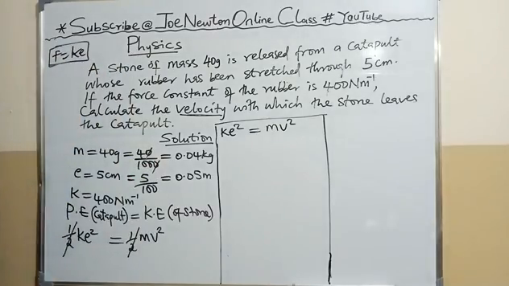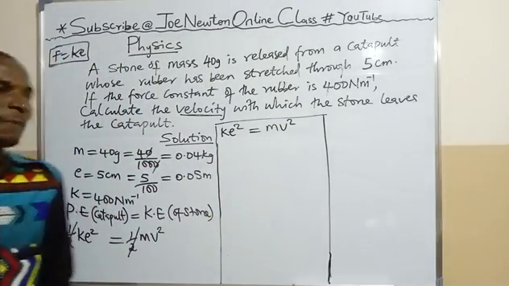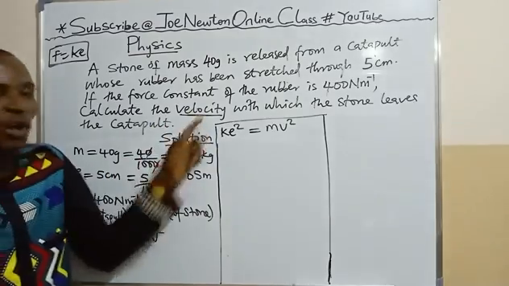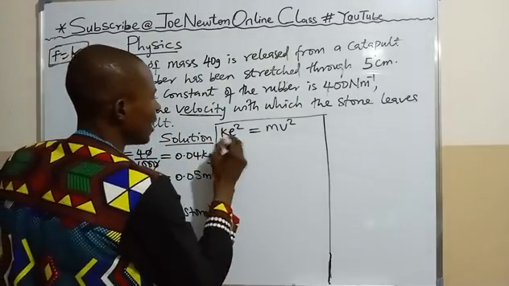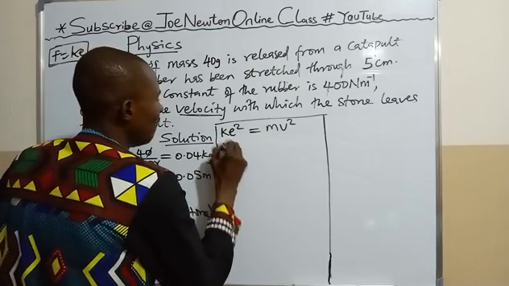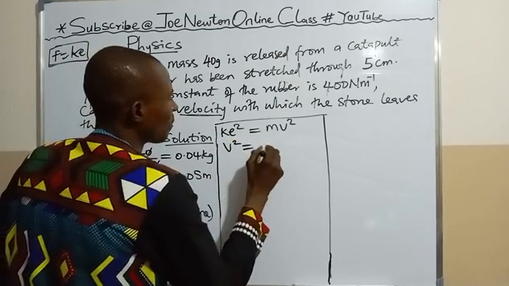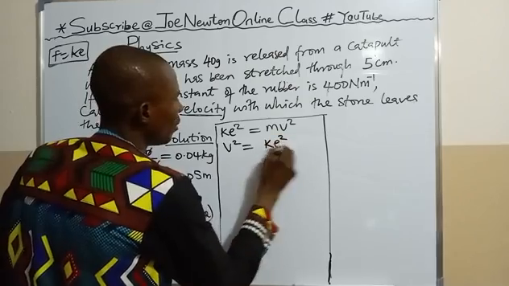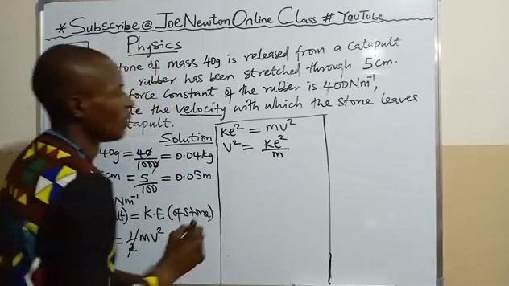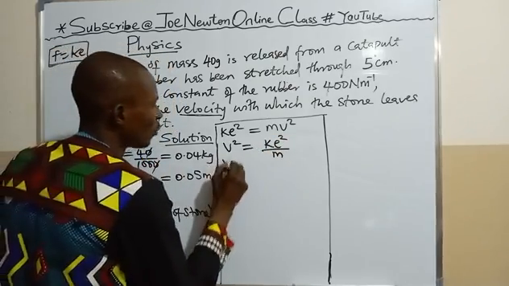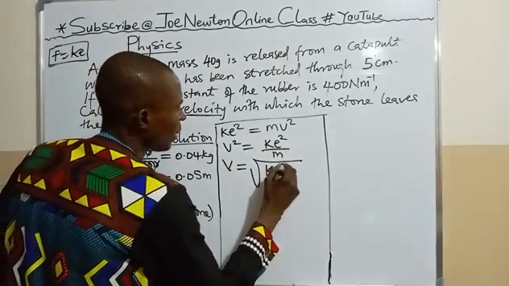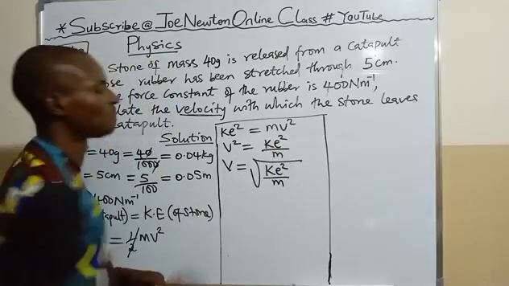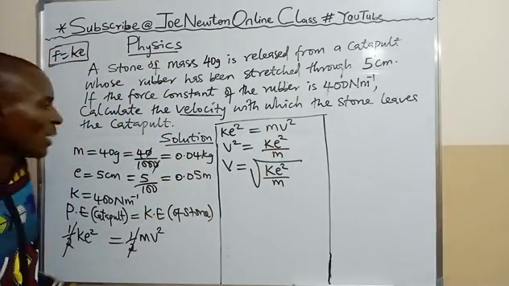But I would like us to make the subject of the formula first, because we are interested in finding the velocity or the speed. Mathematically, we have that v squared equals Ke squared all over m, such that taking the square root of both sides, v equals square root of Ke squared all over m. Then we substitute our quantities.